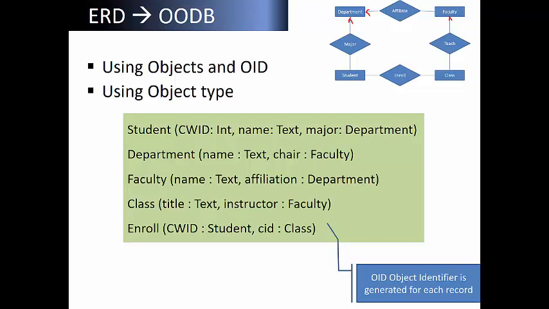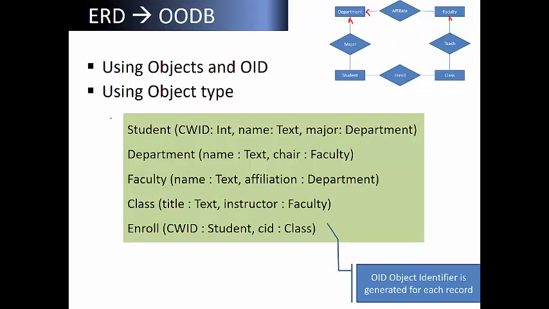Each faculty should be affiliated with one and only one department. Faculty can teach multiple classes. A class can be taught by one faculty. A class can allow many students to be enrolled, and a student can enroll in many classes. So those are all the inherent semantics, and those can be implemented in object-oriented databases.